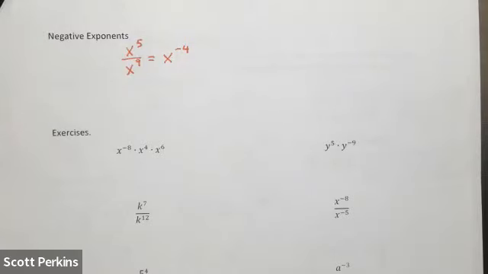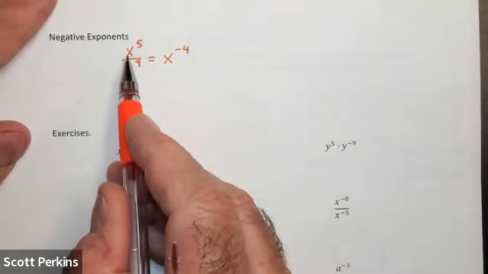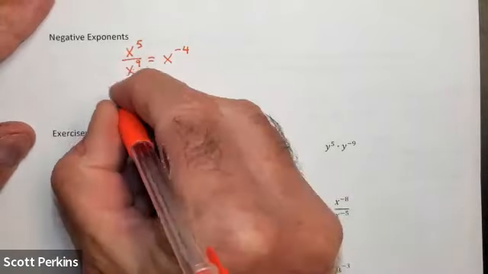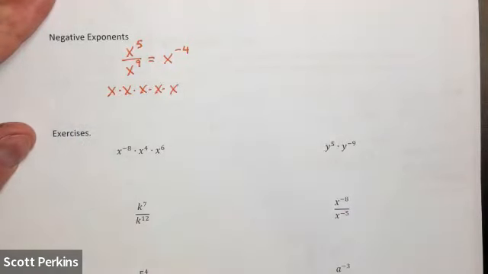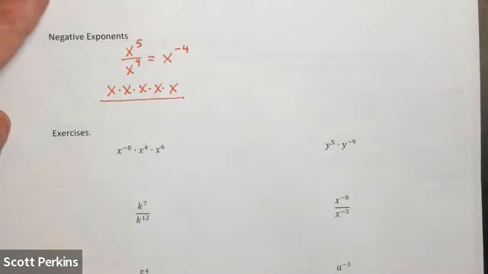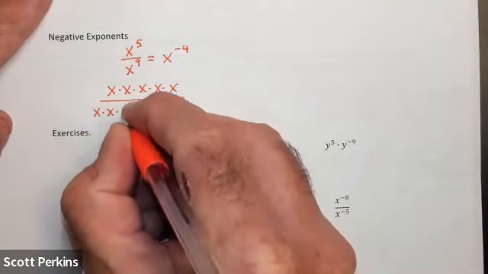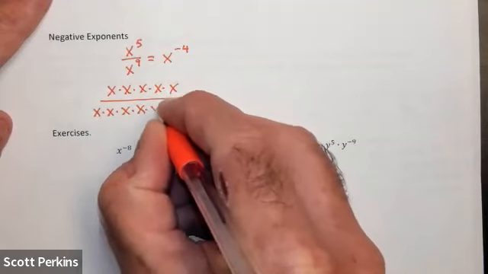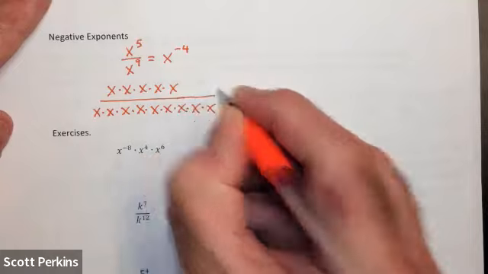Well, let me do this problem a different way to show you what physically is happening with this negative exponent. X to the 5th power means I have x times x times x, 5 times, divided by x to the 9th, which means I have x times x how many times? 5, 6, 7, 8, a lot of x's.